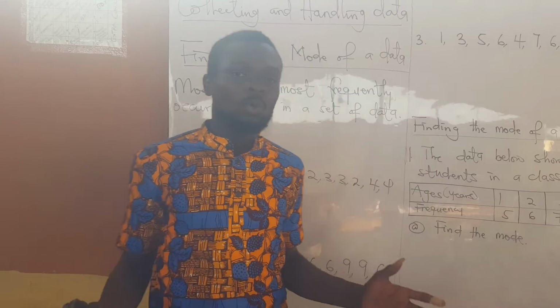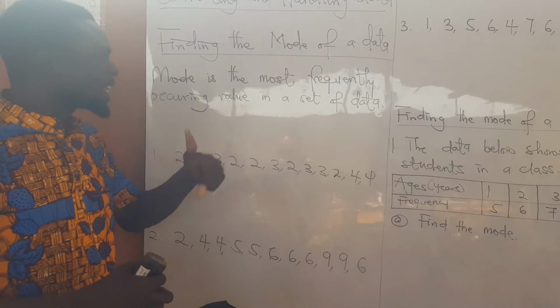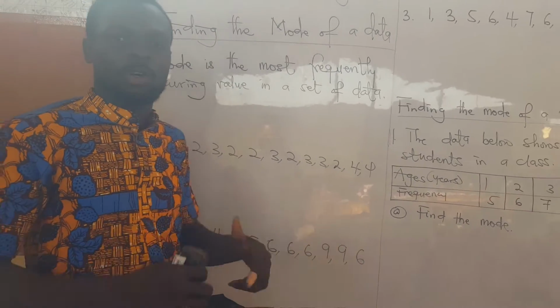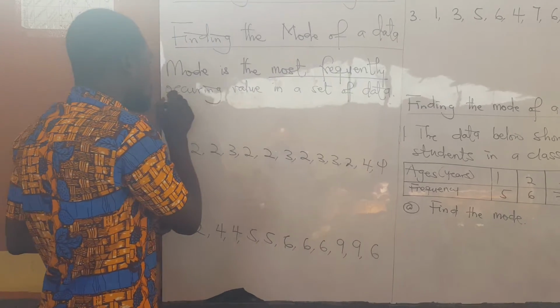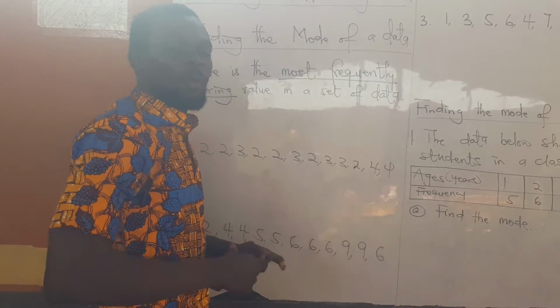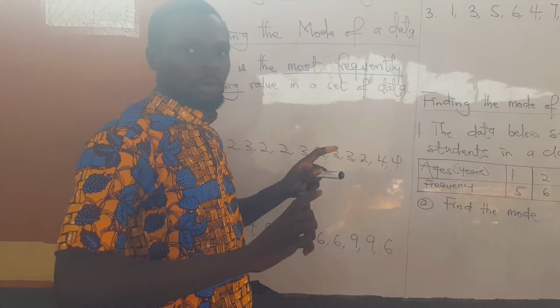Now when we say mode, what is mode? Mode is the most frequently occurring value in a set of data. The most frequently occurring, that means the one that occurs most in a raw set of data.